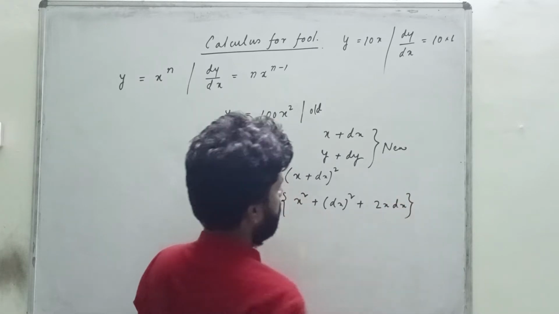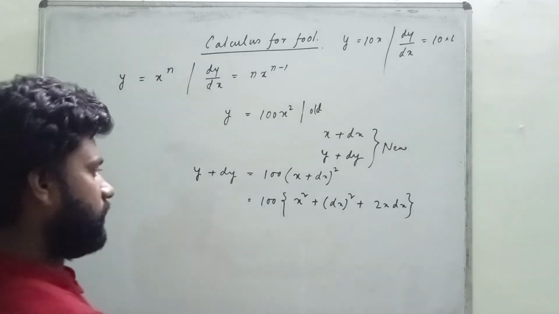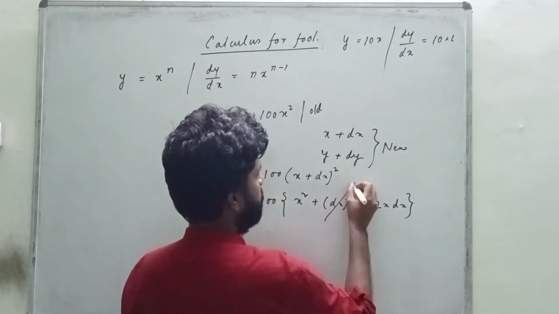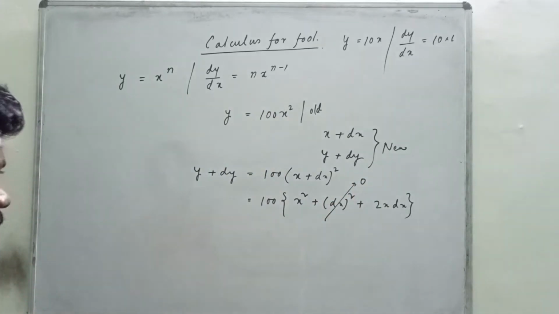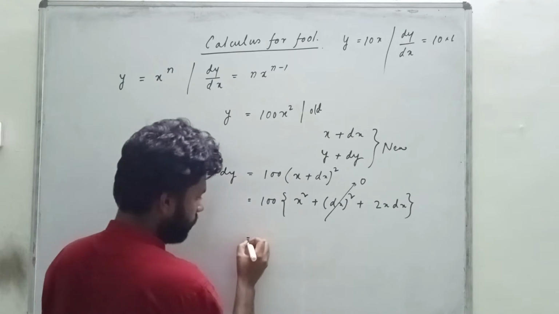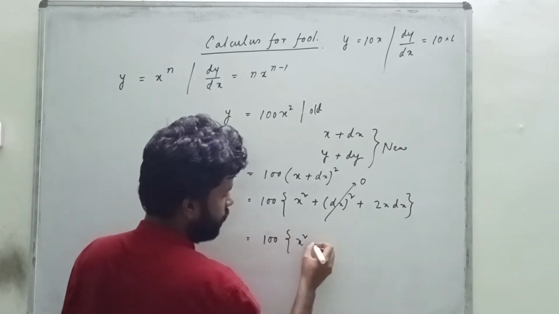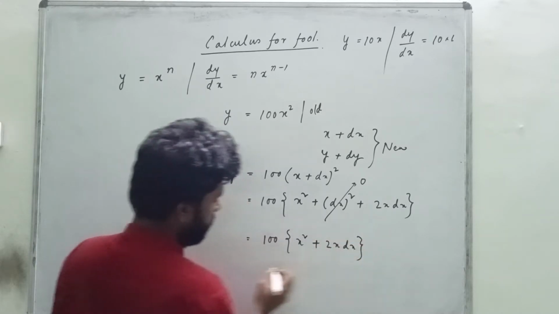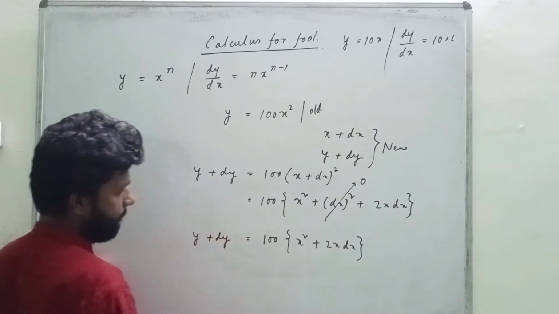And obviously from our previous class, all of you know what dx squared goes to: 0, because it is the smallest thing. Okay, so now we are left with 100 into x squared plus 2x dx, and this is y plus dy.